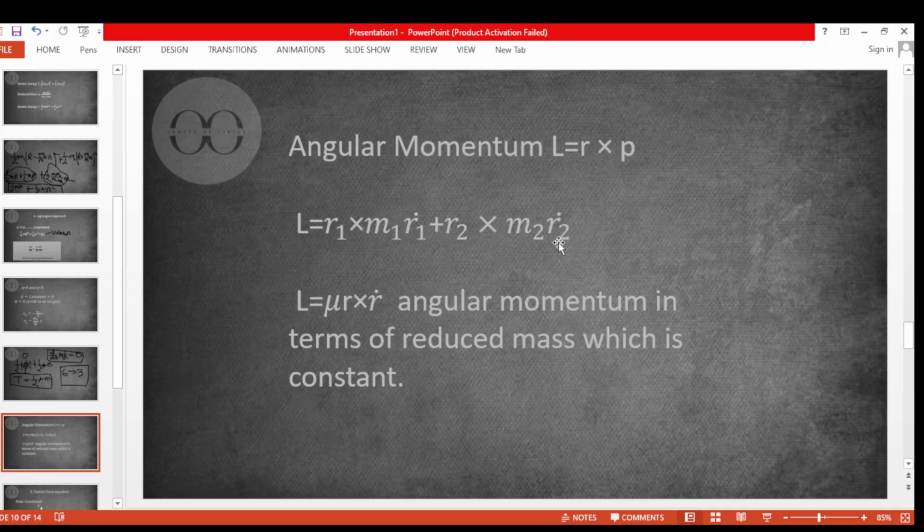I will skip the calculations as it will get messier and it will take a lot of time.